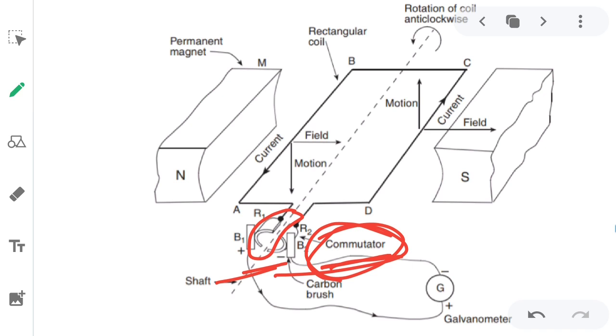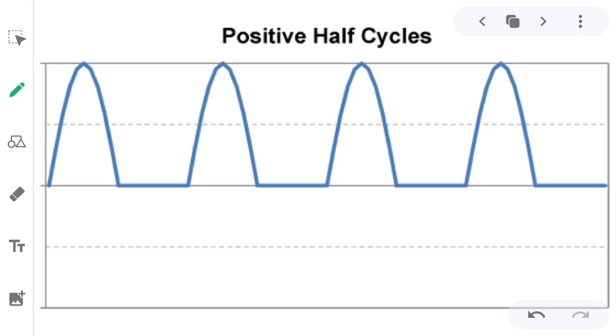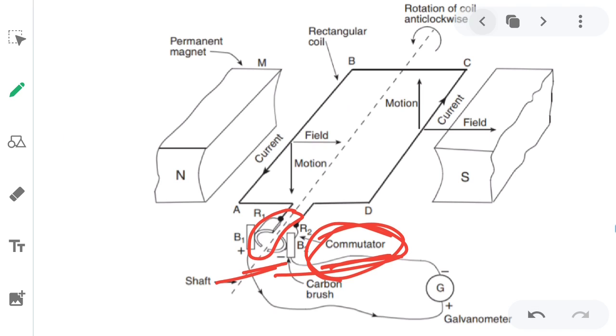So why do we need to have DC current? DC current means direct current. Okay, here you can see the graph of DC current, which is always positive. So why do we have DC current?